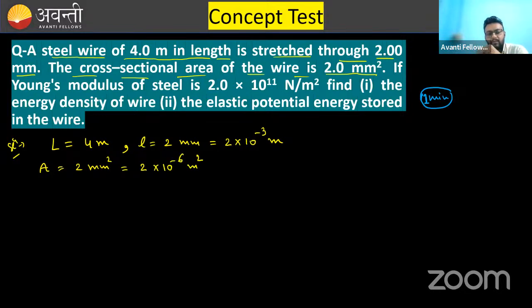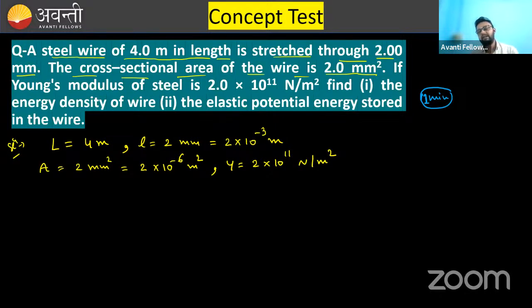Till now, everything is clear. And Young modulus of steel is Y equals 2 into 10 raised to the power 11 Newton per meter square. So this is the data.